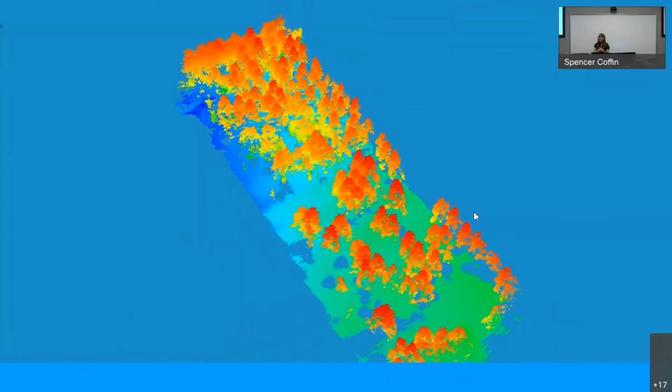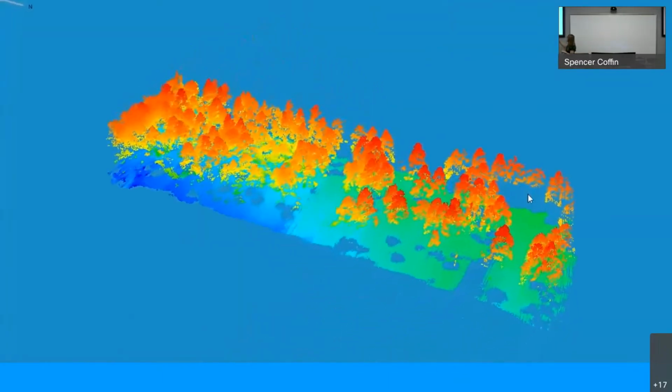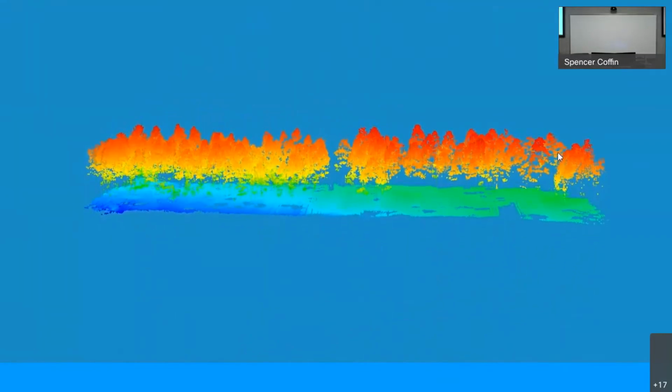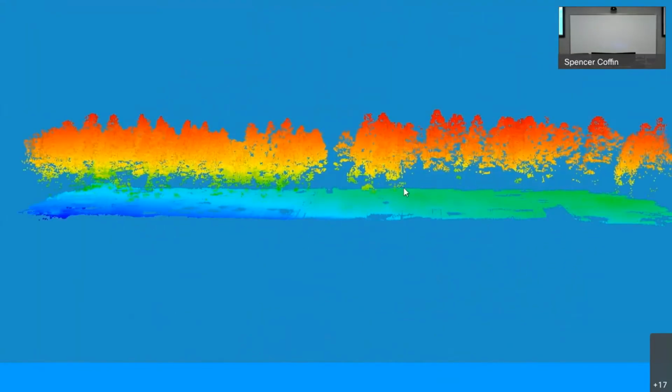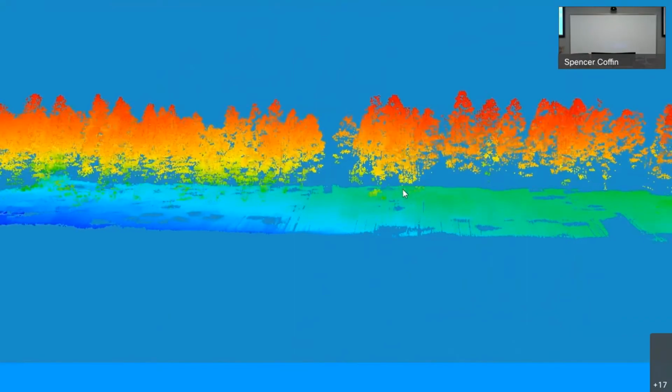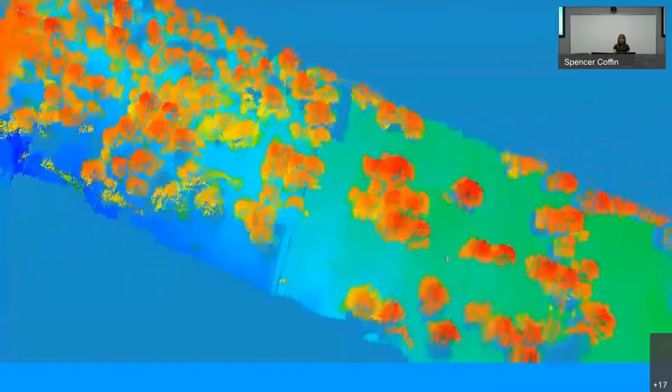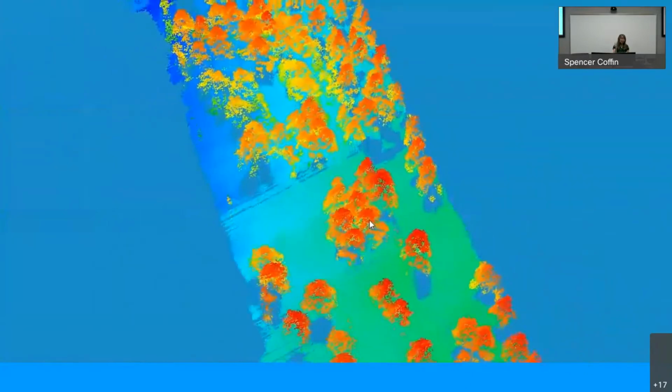So here I was imaging a study area, a ponderosa pine forest that was thinned over here and then non-thinned over here on the other side. One thing I wanted to note is that this LiDAR scanner on this platform gives me a single return.